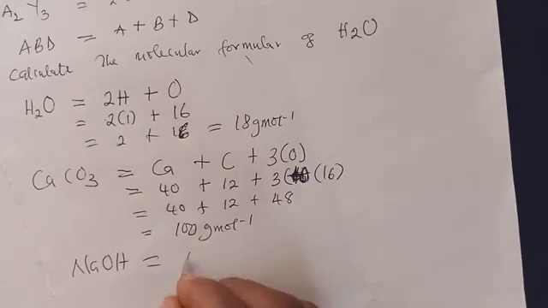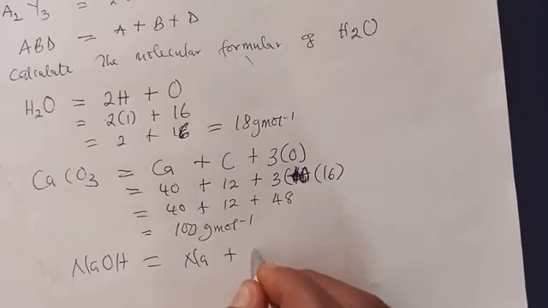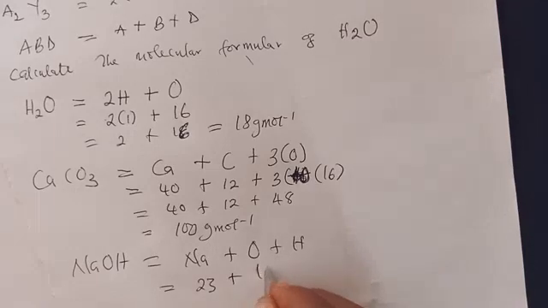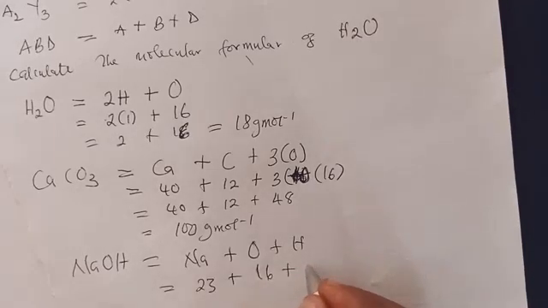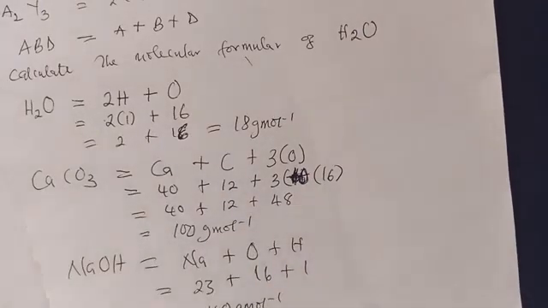If you do it correctly, you're supposed to do 1 atom of sodium plus 1 atom of oxygen plus 1 atom of hydrogen. This is supposed to give you 23 plus 16 plus 1, and this is going to be 40 grams per mole.